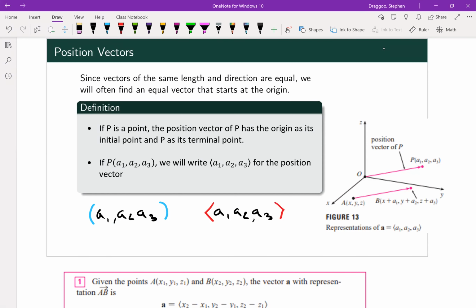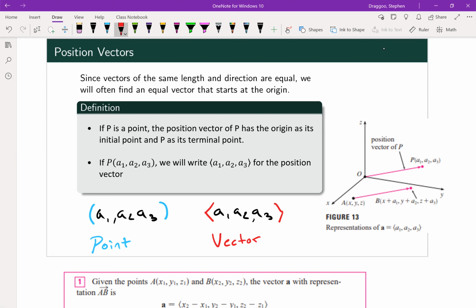The pointy brackets mean that we're talking about a vector, whereas parentheses mean we're talking about a point. So a point, like we're used to seeing, has parentheses, and a vector has these pointy brackets. So if we're listing out its components, a vector will show up with pointy brackets.